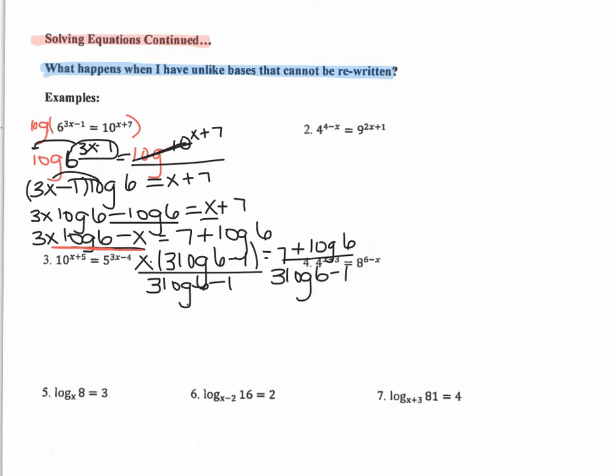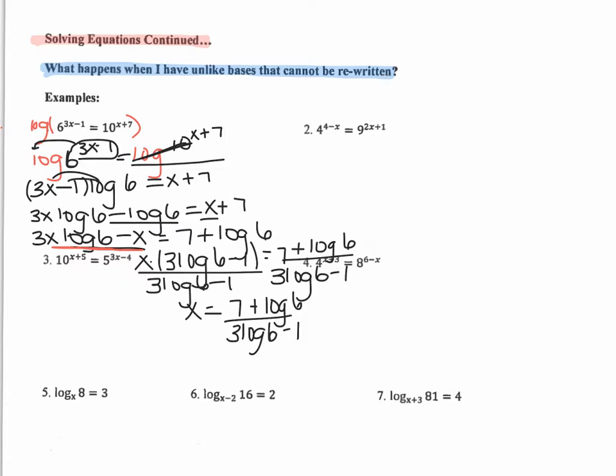So if I didn't have a calculator, x would just equal 7 plus log 6 over 3 log 6 minus 1. But if I did have a calculator, which I do, I'm just going to type all that in my calculator. I recommend doing it in pieces so you don't mess up, or using the alpha y equals trick to get that pretty fraction bar. So I'm going to do 7 plus log 6, and I'm going to divide that by 3 log of 6 minus 1.